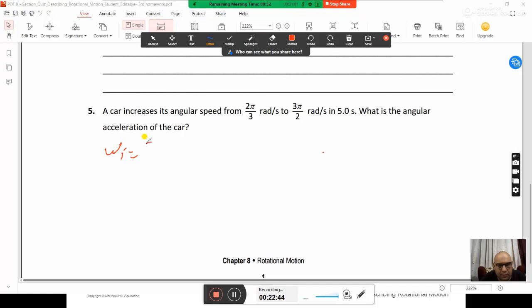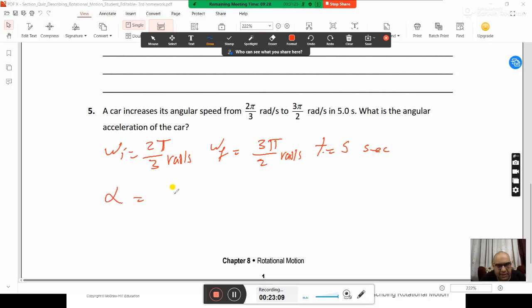Omega I is equal to pi over 3. Omega final is 3 pi over 2. The time is 5 seconds. We don't have any change in measuring units here. Here radian per second, and also here is radian per second.